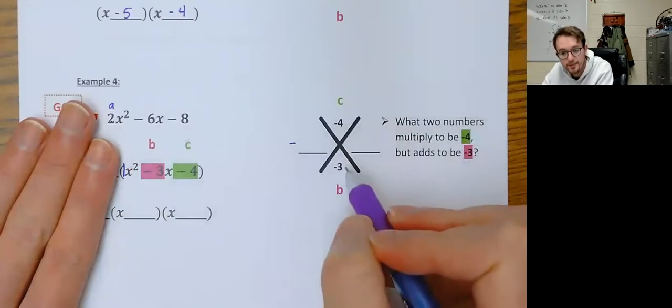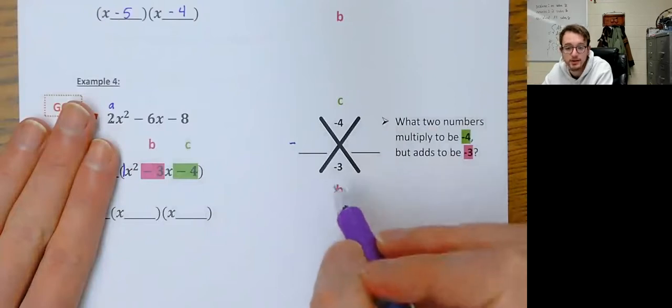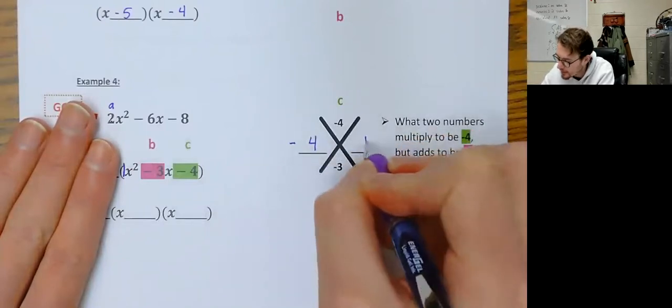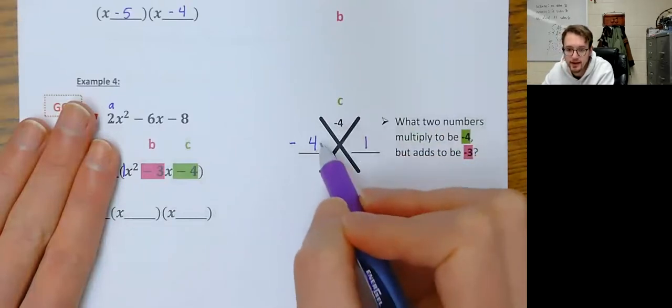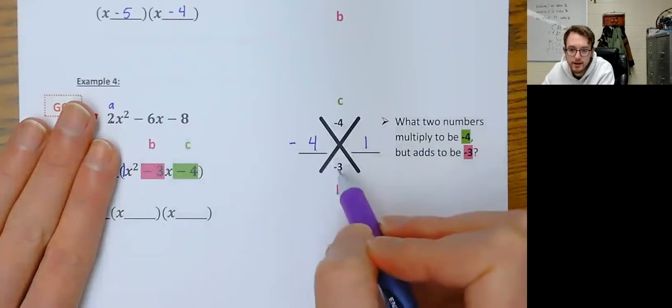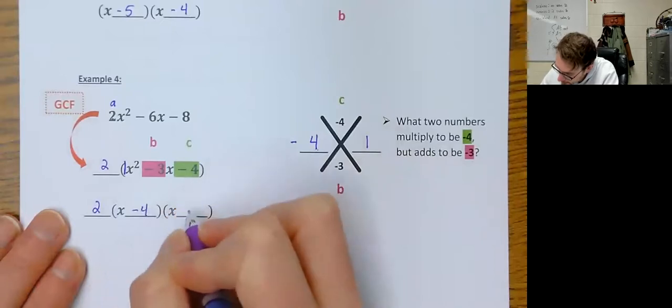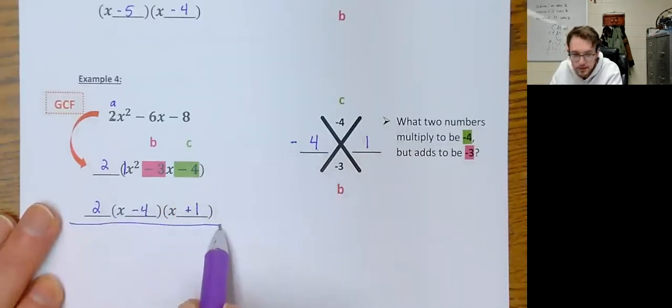This time, I want them to add to be negative, so the bigger number is going to be negative. I'm going to say it's going to be -4 and 1. -4 times +1 is -4, and -4 plus 1 is -3. So -4 plus 1. So that whole thing is your answer.